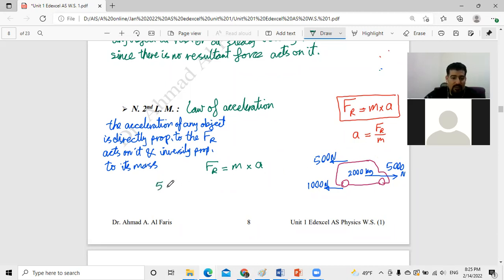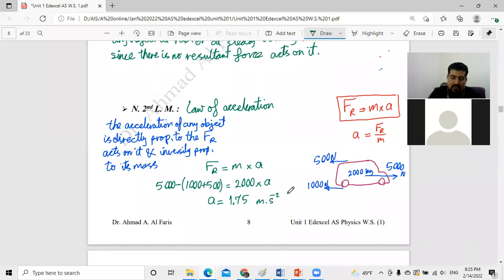So it will be 5,000 minus (1,000 + 500) = 1,500... the resultant force equals the mass of the bus, which is 2,000, multiplied by the acceleration. Using the calculator, 3,500 divided by 2,000 will be 1.75 meters per second squared.